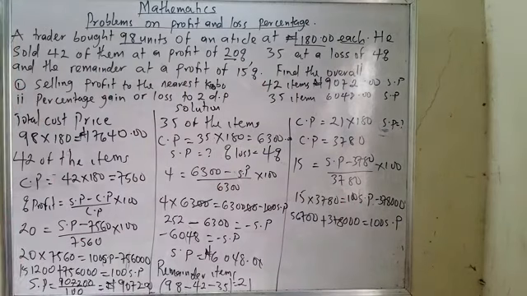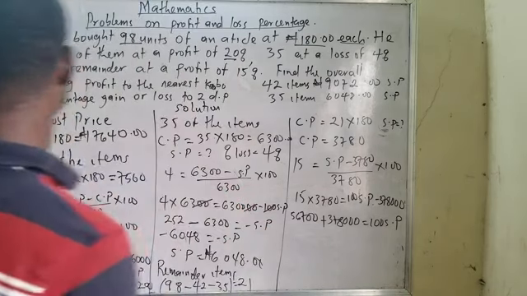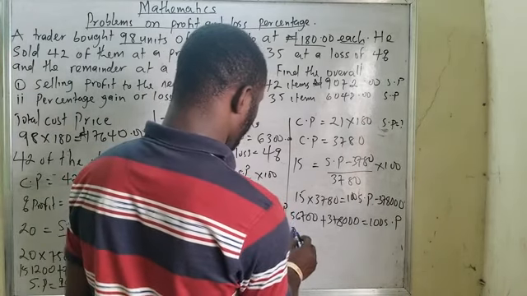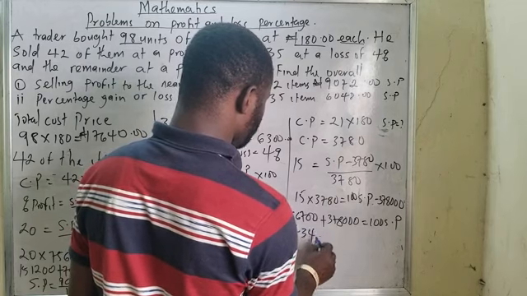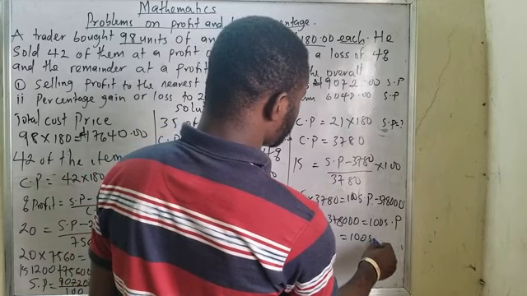Please manage my handwriting. Now, when I add this together, I'll be having 434,700 equals 100 selling price.